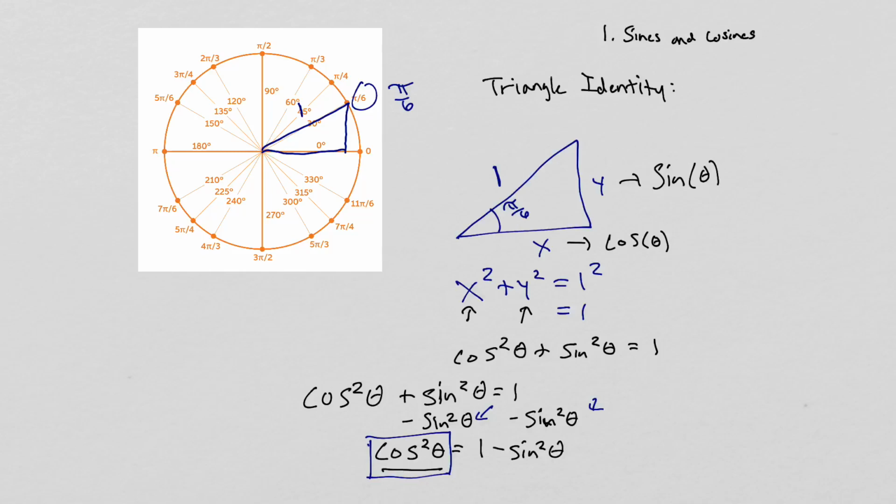And so we'll be using this on this next problem here, where we have sine squared theta minus cosine squared theta equals 1 minus 2 cosine squared theta. And remember, our first step here was sines and cosines.